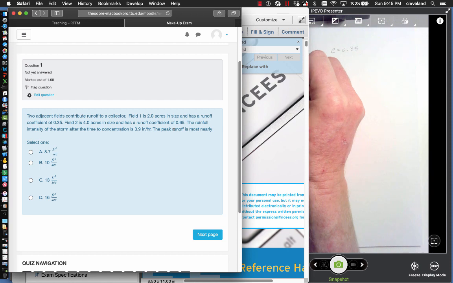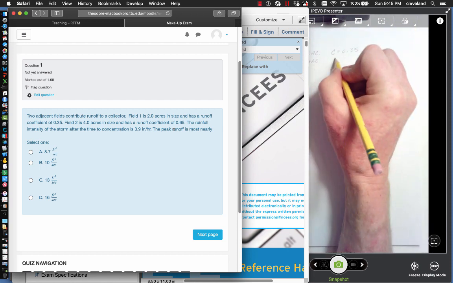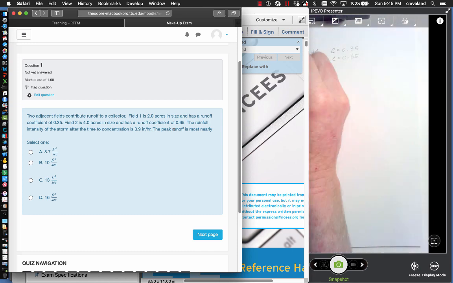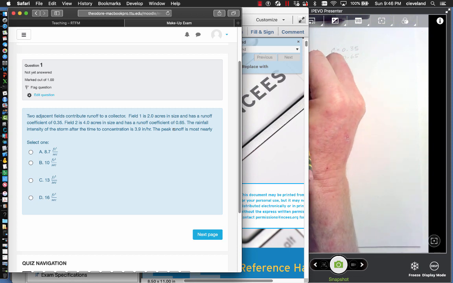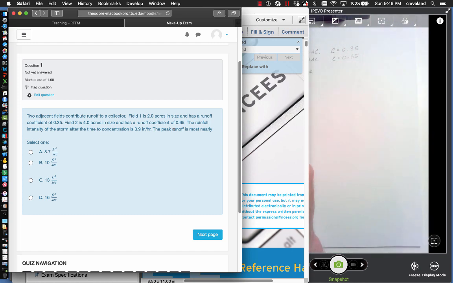Field 2 is 4 acres with a runoff coefficient of 0.65. Rainfall intensity is given as 3.9 inches per hour, and we've been told that this is at the time of concentration.